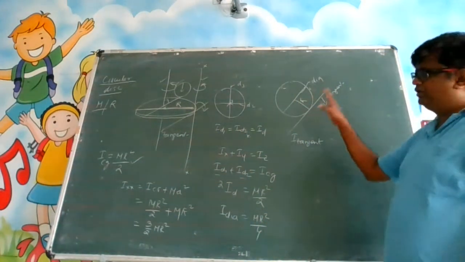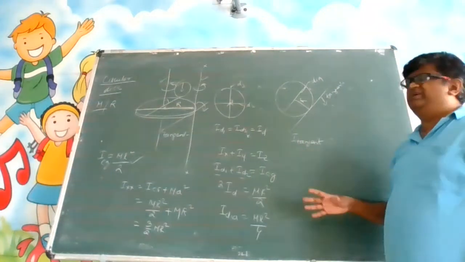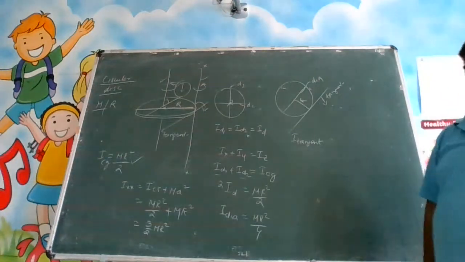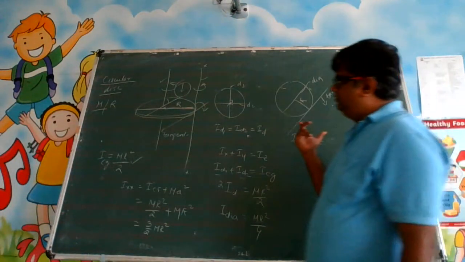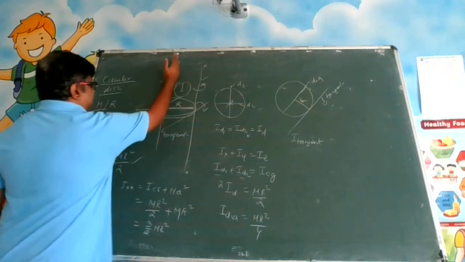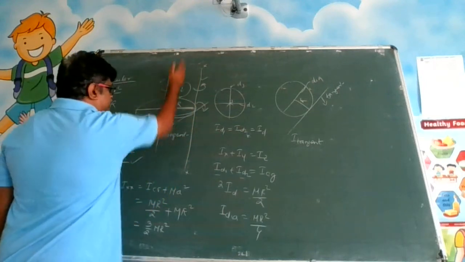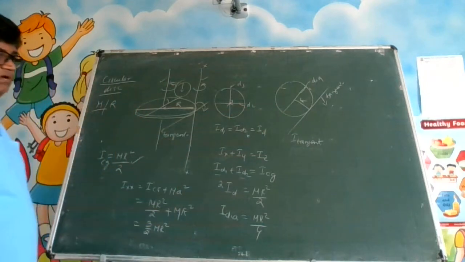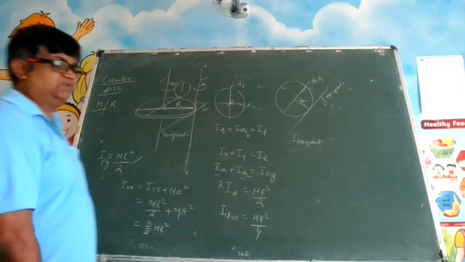You have to carefully draw the figure and see about which axis they are asking. So suppose they are asking about tangent. The axis can be anywhere. It can pass through the CG, through the edge, through the center point of these two, or go like a tangent. It can be anywhere. Okay? It depends upon the question.